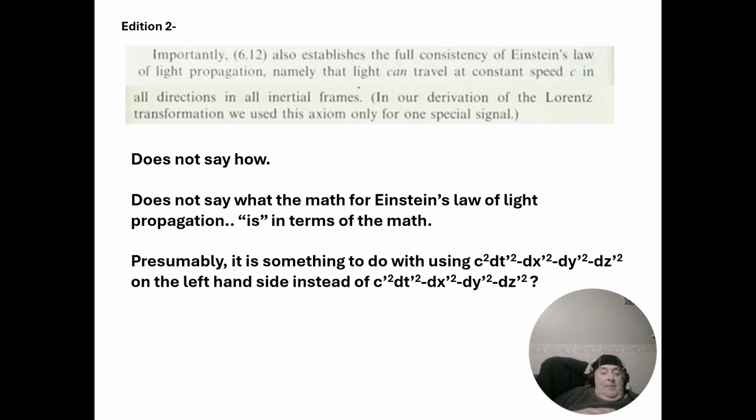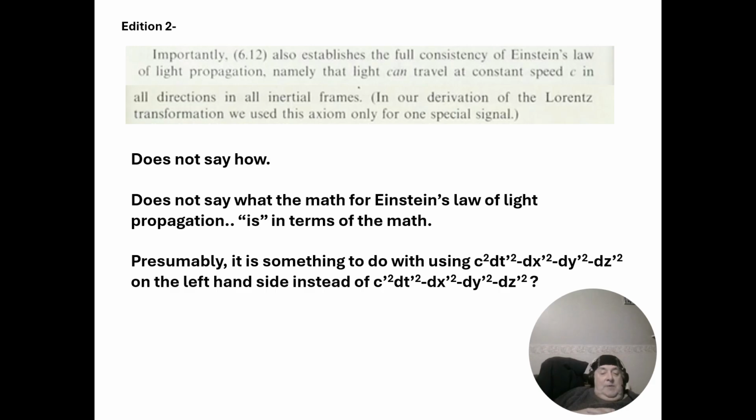And my complaint about that is it does not say how. It does not say what the math for Einstein's law of light propagation is. Ideally it really needs to show what the equation would look like without that law, and contrast it with what the equation would look like if it had that law.